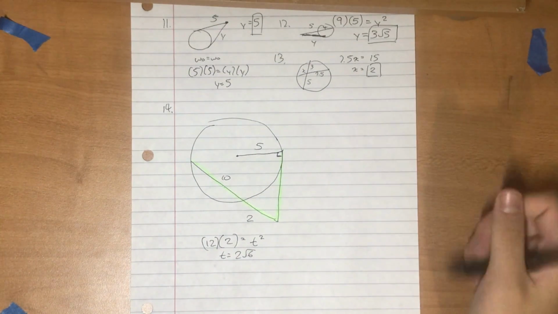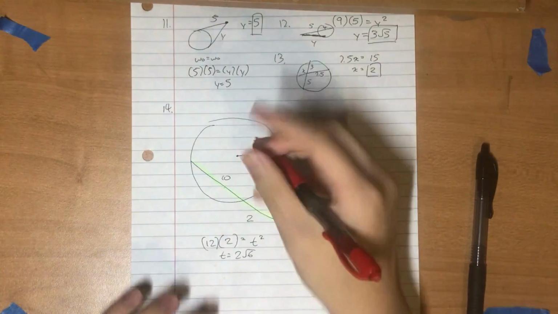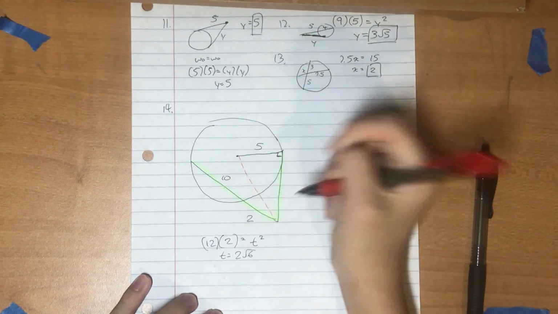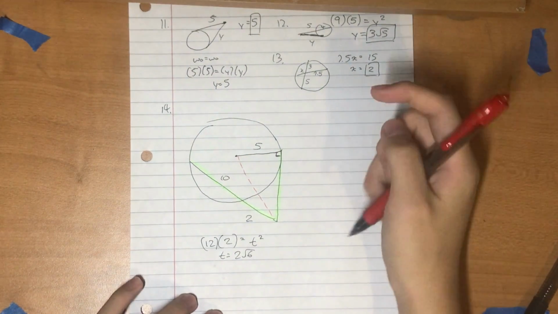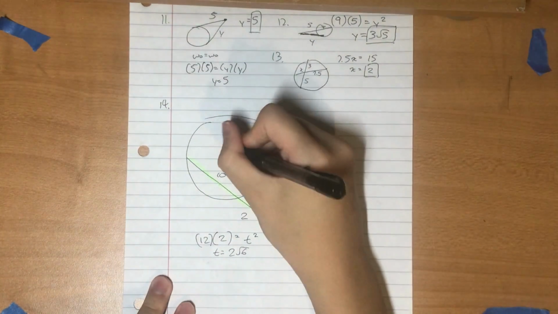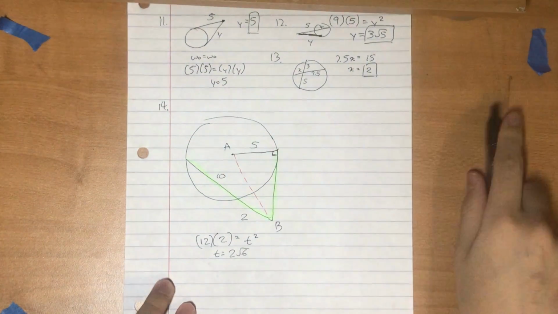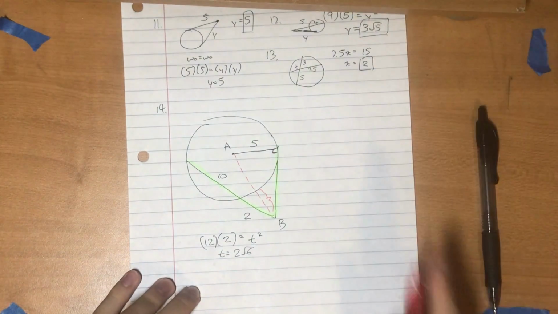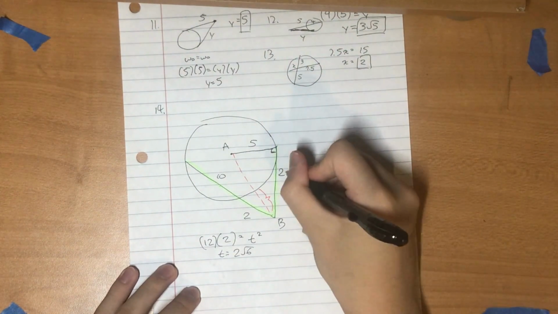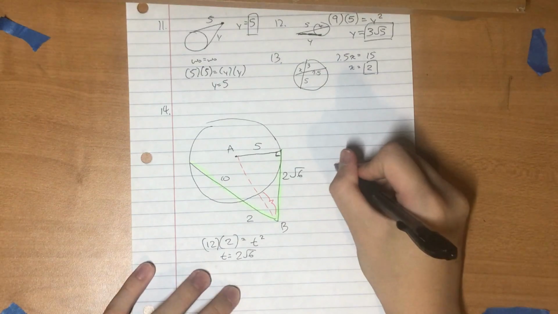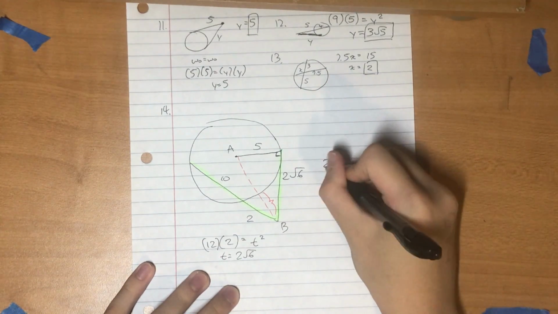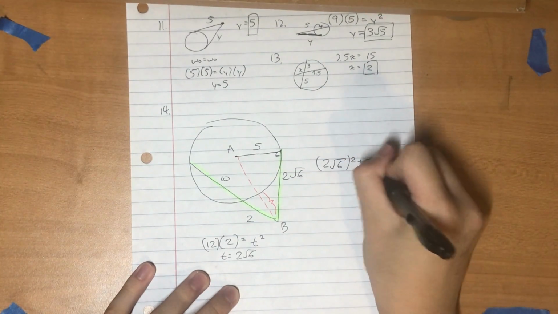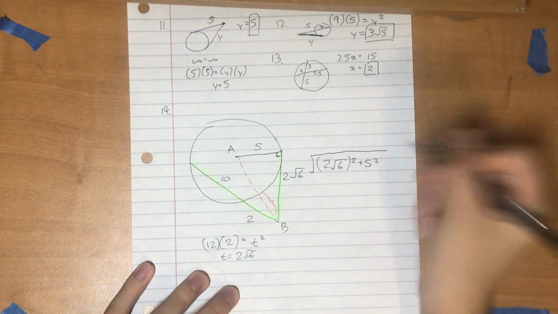And then they were asking for this length right here, the distance between B and circle A. They're basically asking for not this entire length, but just this length. If this is 2 root 6, you can use the Pythagorean theorem: 2 root 6 squared plus 5 squared, square root of the entire thing.